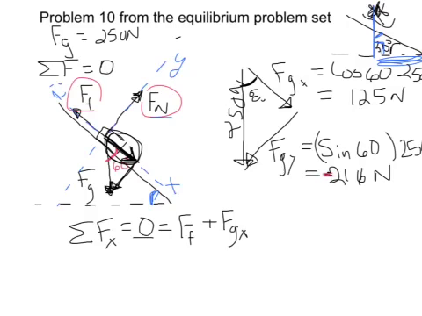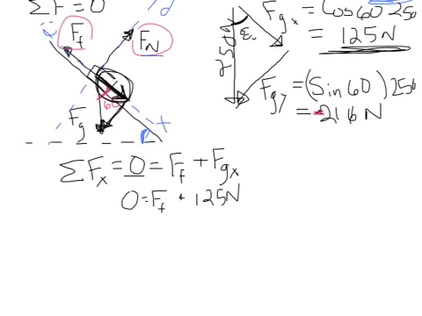We're looking for this frictional force, so we can take our force of gravity, which we already found, and plug it in and say, oh, hey, so that's 125 newtons plus the frictional force is going to be equal to 0, which means then that I can solve for my frictional force, and I get that it is equal to negative 125 newtons. And this is only telling me that it's going backwards in the x direction.